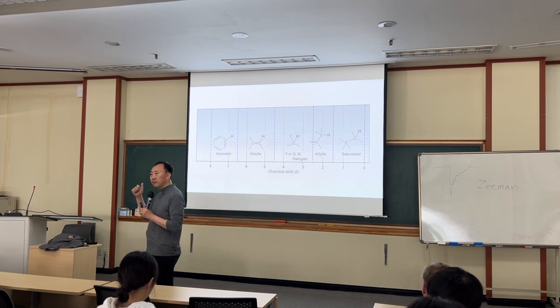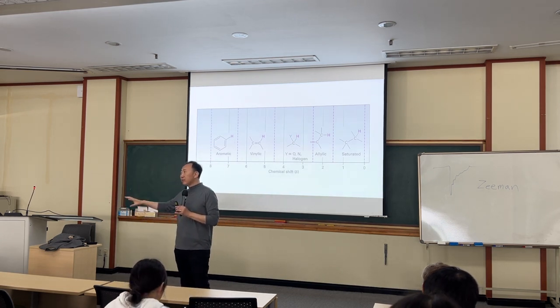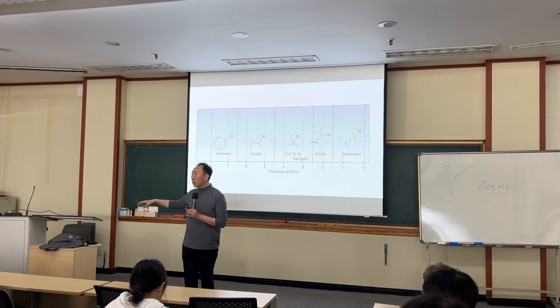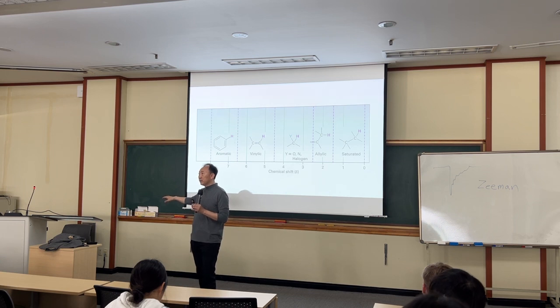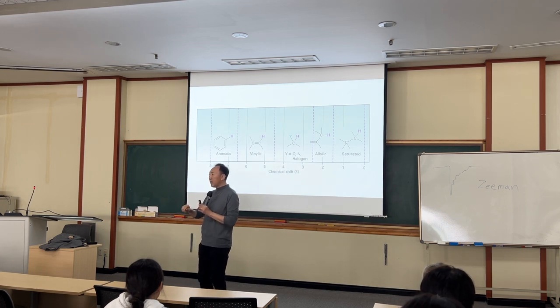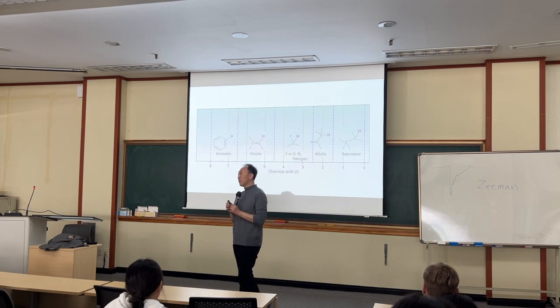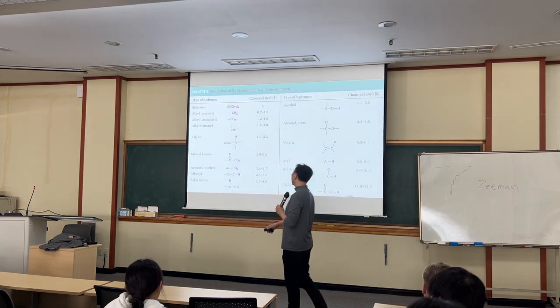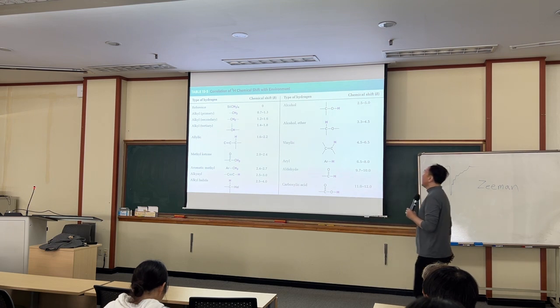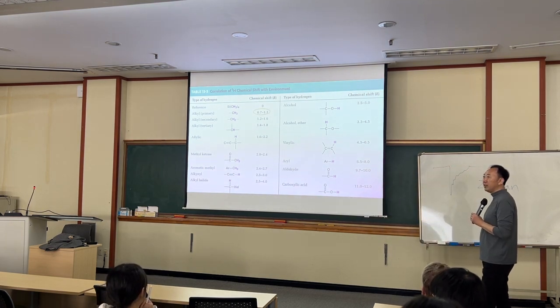Let's summarize again. Alkane around 1. Halogen, N or O around 3. Aromatic around 7. Alkene is in between, just a little upfield of aromatic. And the carbonyl's alpha position is around 2, or allylic, benzylic, those are around 2. So TMS we use as reference, and then alkane around 1.